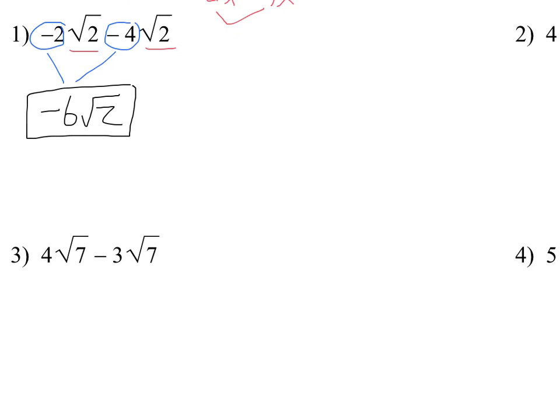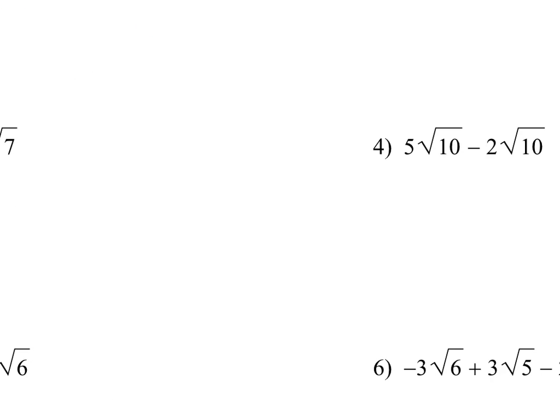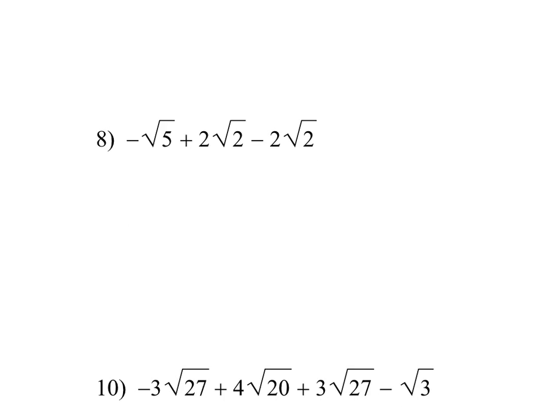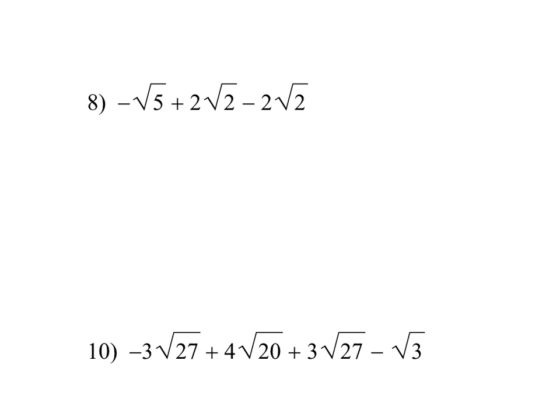If we go further down to number 8, notice here we have a situation that has a root 2 and a root 2 again, but then we have a root 5. So the root 2's are considered like terms. We will look at their coefficients and add them.